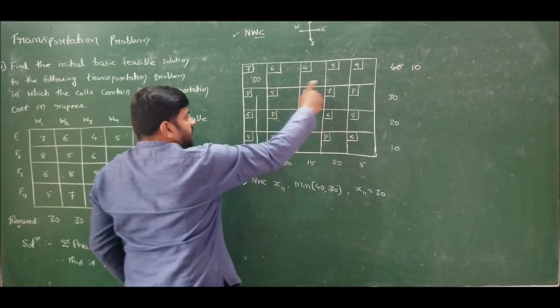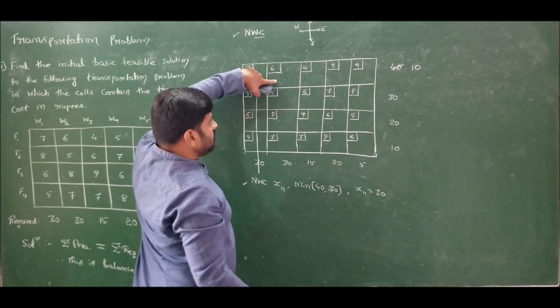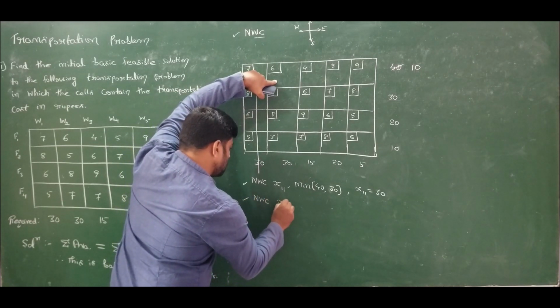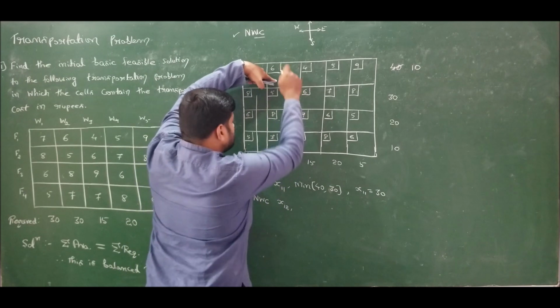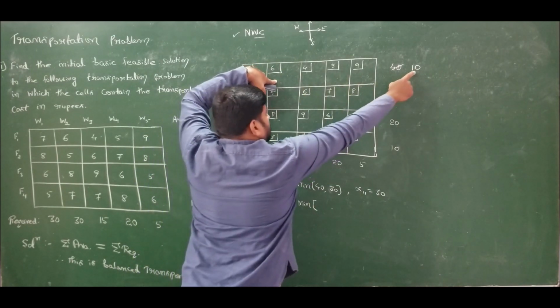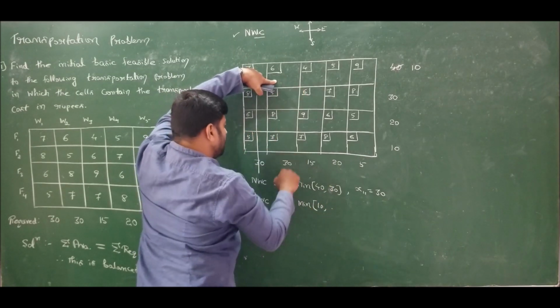Now in the remaining matrix, identify the northwest corner. In the remaining matrix, the northwest corner is the first row, second column. There the supply is 10 and demand is 30.